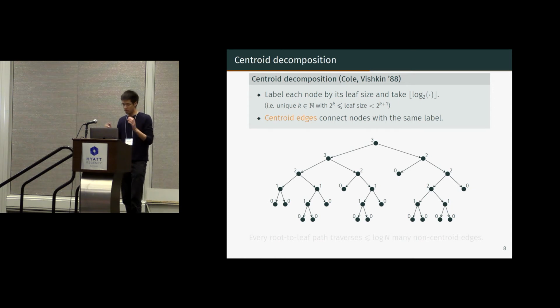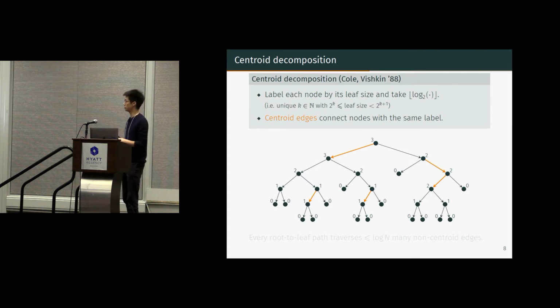And it has some nice properties. First, of course, this number is monotonic if you go down the tree. But also, if you have two siblings which are labeled by the same number, then the parent node must have a strictly larger number. So in particular, if we mark those edges which connect nodes with the same label, and I will call these centroid edges, then every node has at most one outgoing centroid edge.